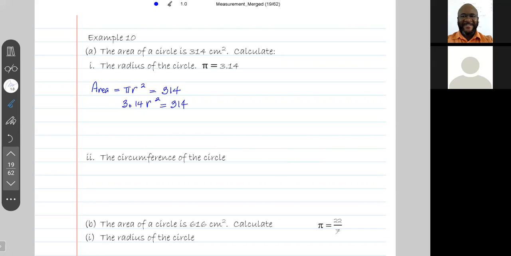And my objective, so all I do is put in pi because I know what pi is. I know what the area is. What I don't know is the radius. So all I need to do now is to find what the radius is. So I'm going to divide both sides by 3.14.